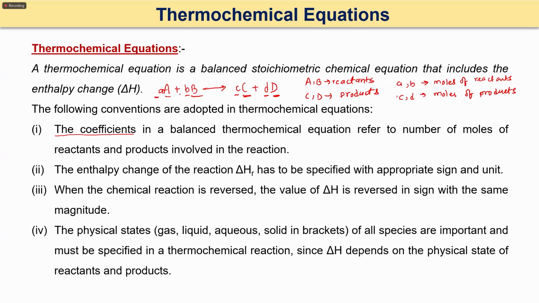So the coefficients, that means small a, b, c and d in a balanced thermochemical equation, refer to the number of moles of reactants and products involved in the reaction.